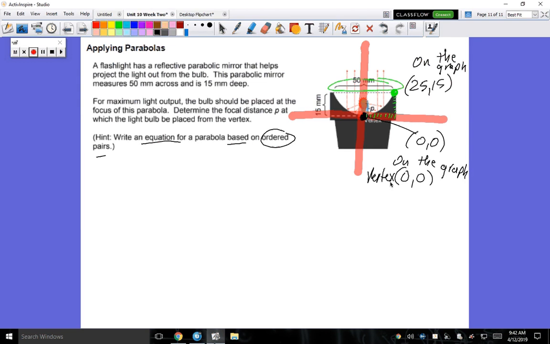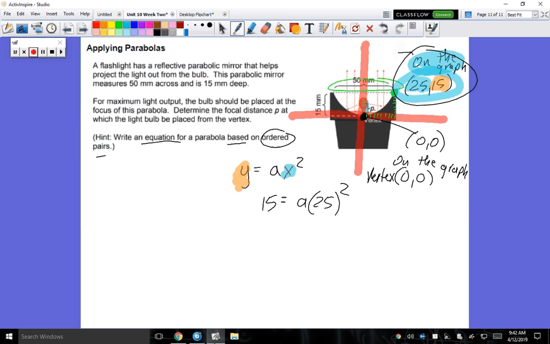Okay, so what we're going to do is, we know it's a vertical parabola. Let's go ahead and get our basic setup started. And we're going to use this point that is on the graph, but not the vertex, right here for the x, and right here for the y. So that we have 15 is equal to a times 25, and then we're going to square. Again, you want to use a non-vertex point when you're doing it this way so that you can solve for that a value.